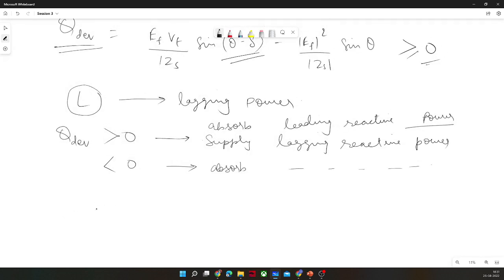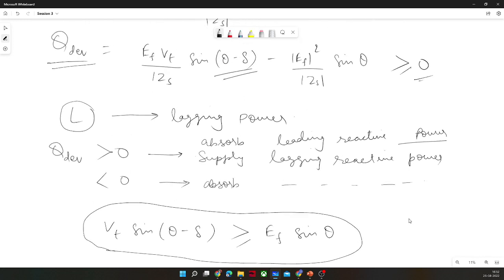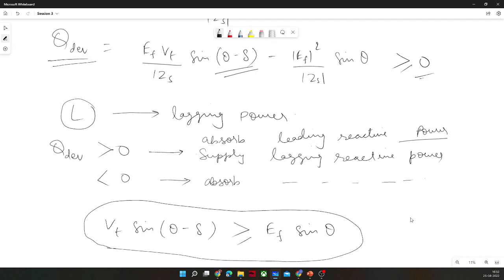So ZS would be cancelled out. So Vt sine of theta minus delta would be greater than Ef sine theta. When this condition is followed, your machine would be overexcited and would be able to supply the power. That is the basic funda behind it.